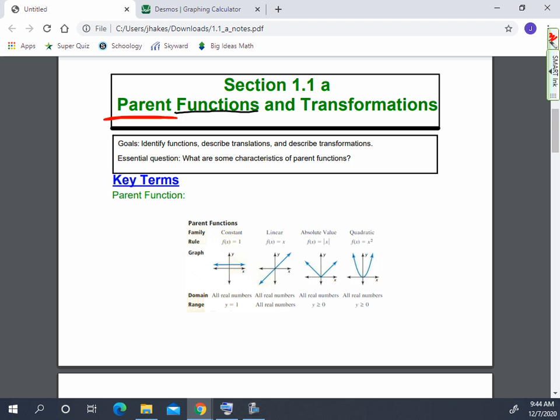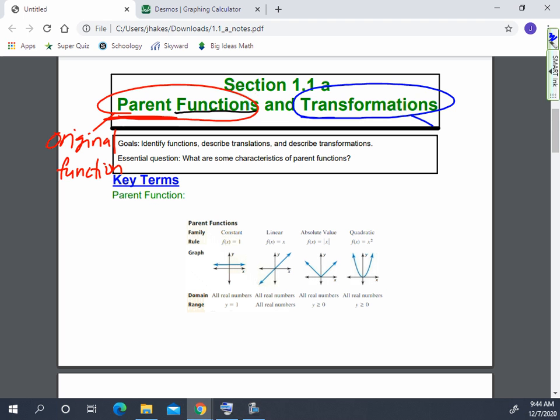So a parent function is the original function, and I'll go through some examples. And a transformation is how that parent function changed. How it changed.